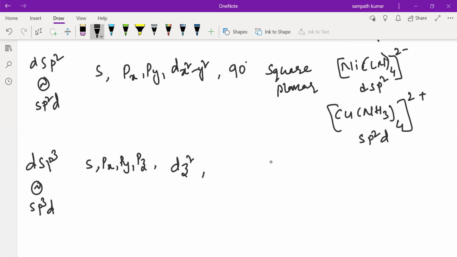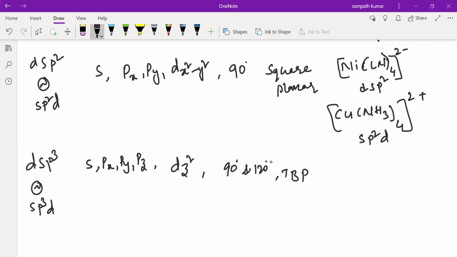In this dsp3 hybridization, there are two bond angles, 90 degrees and 120 degrees. What is the geometry of this molecule? Trigonal bipyramidal, TBP.